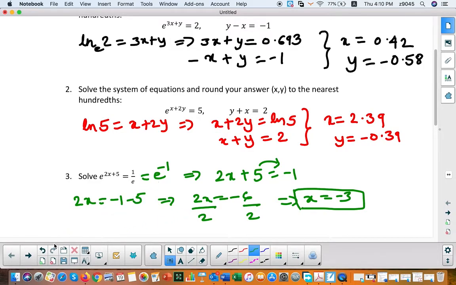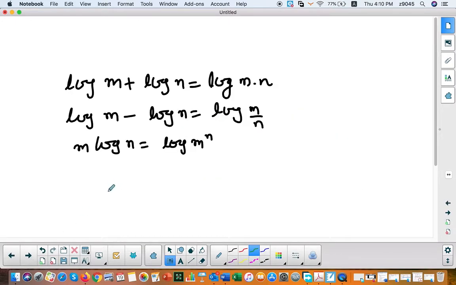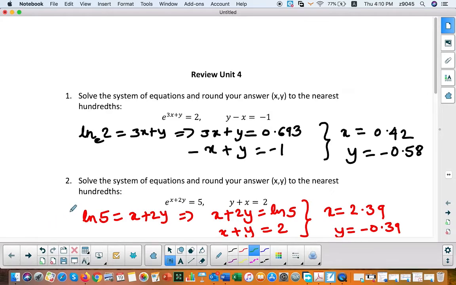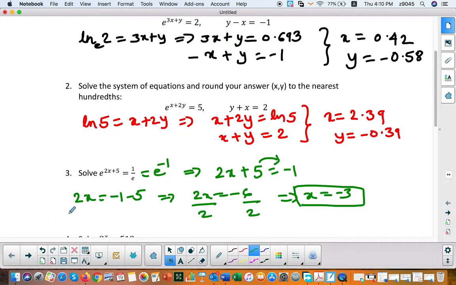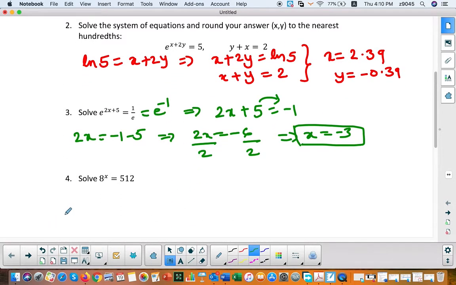This is another property: if a to the power m equals a to the power n, this implies m equals n. So we are considering the properties of log and exponential forms and looking at examples on both at the same time.